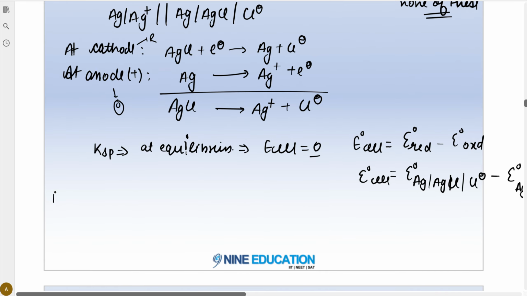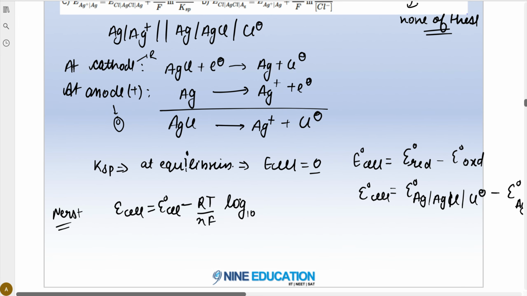Now from the Nernst equation you know E cell is equal to E naught cell minus RT by nF, log with the base 10, or ln with the base e, of product divided by reactant.